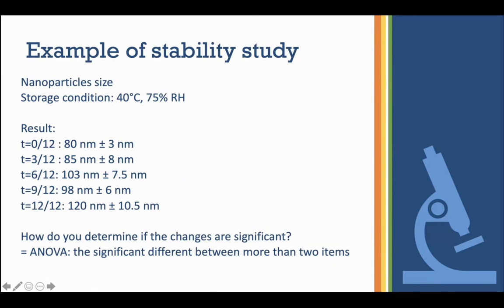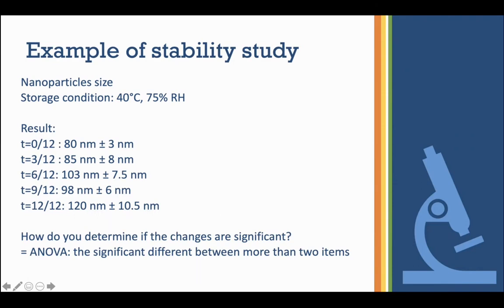Now when you fit this data into ANOVA, you will have a result that tells you whether P is equal to, more than, or less than 0.05, if we set 0.05 as the significance cutoff point. If the P value is less than 0.05, the difference between each time point is significant.